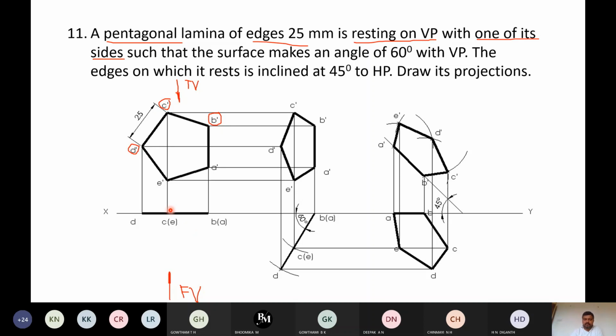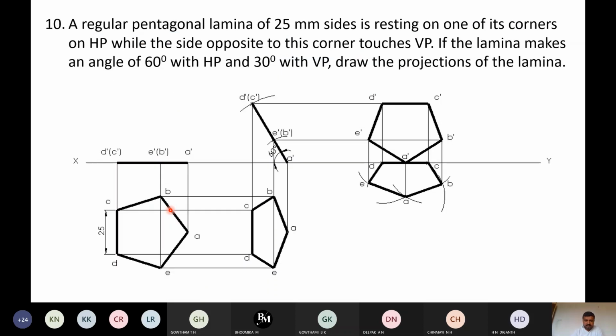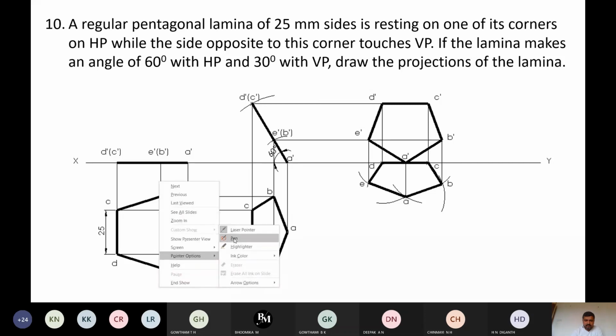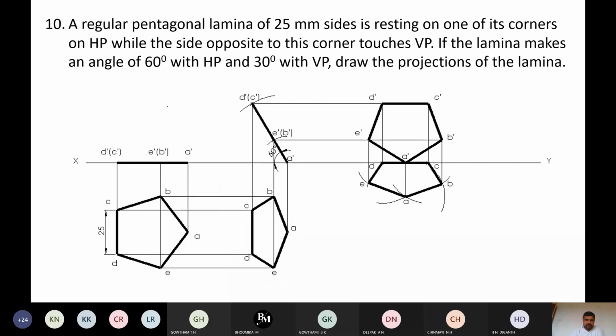In the previous problem it is vice versa. You are looking from the front, so the points nearer to the observer are visible and the farther ones are invisible. Here, this is the position for top view, and this is the position for front view.